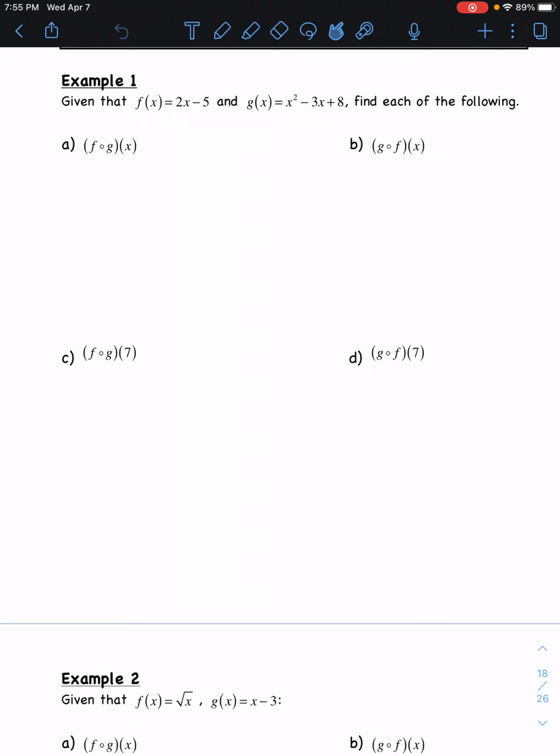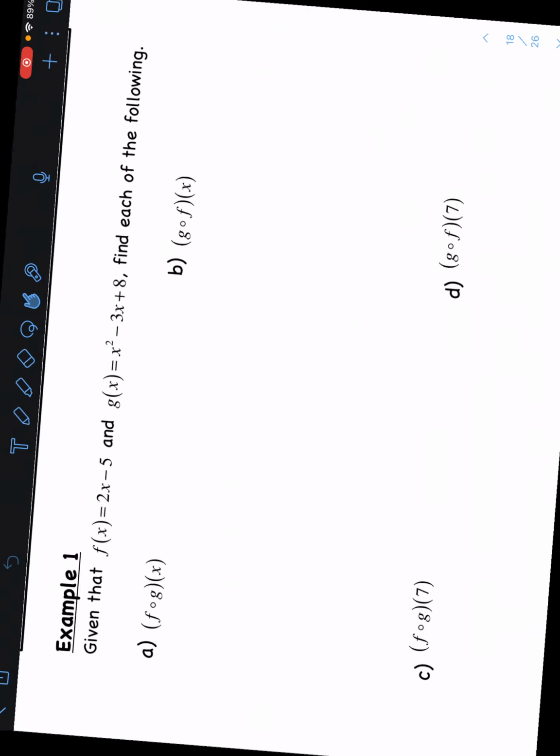Notice that A and B have an x after f of g and g of f. We're going to save that for part 2. What we're going to focus on in part 1 are problems C and D, where instead of x, they have a number there, such as the number 7.